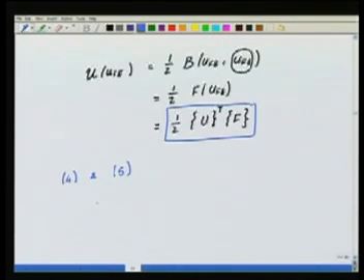if I plot, I take this quantity log of, so I will call this quantity I is equal to log of.